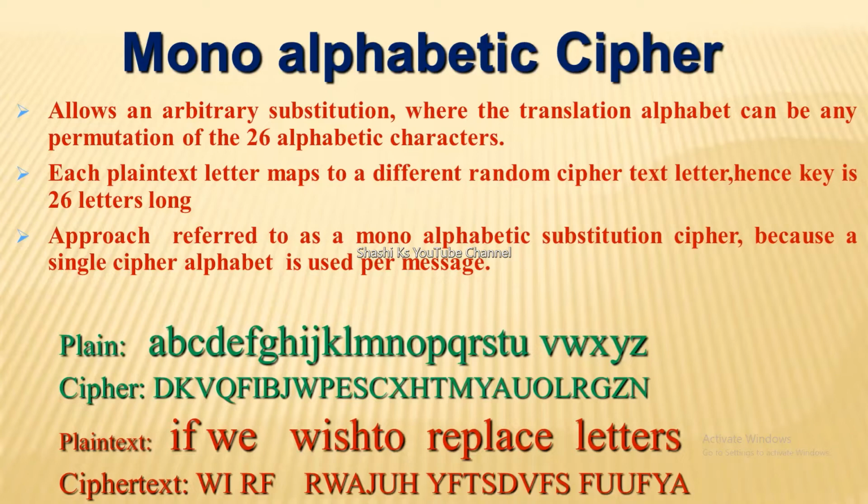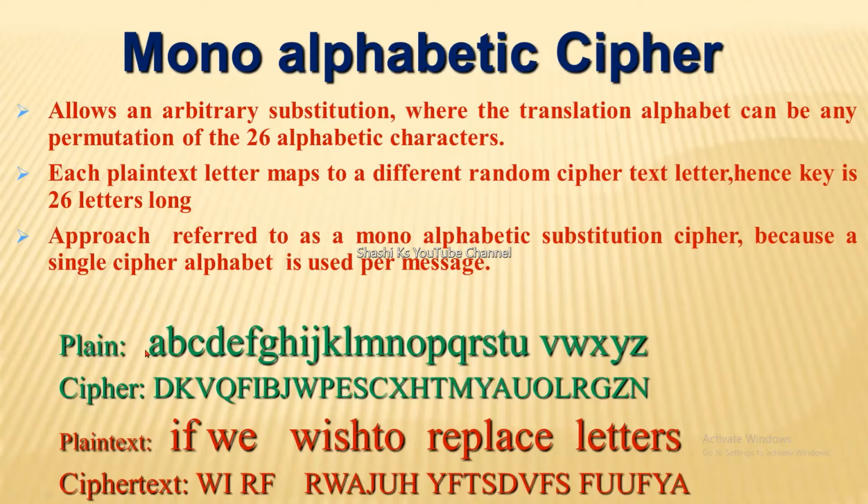If our algorithm allowed for an arbitrary substitution, and the translation alphabet can be any permutation of the 26 alphabetic characters, then each plain text letter would map to a random ciphertext letter. So the key can be 26 letters long, and that's why this approach is called a monoalphabetic substitution cipher, because you have a single cipher alphabet per message.